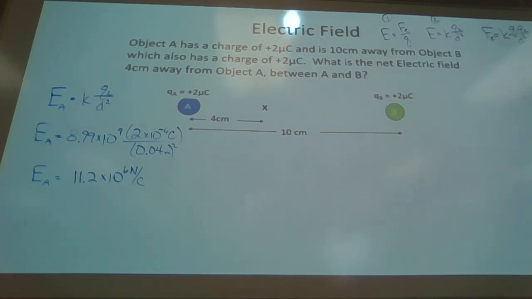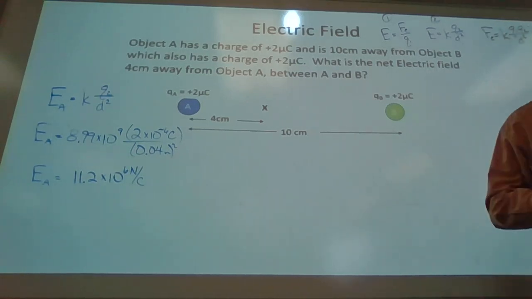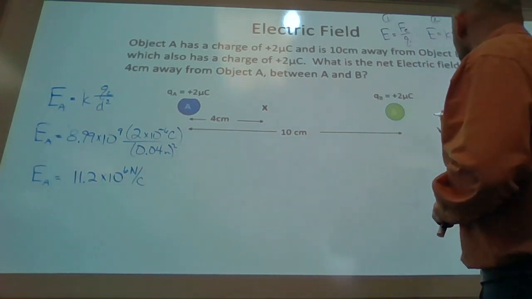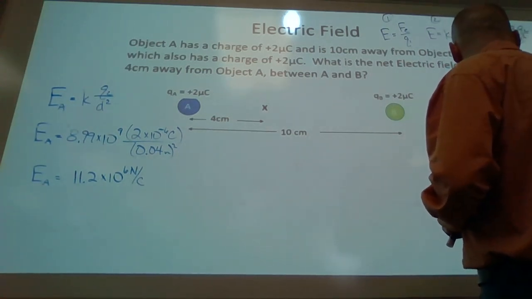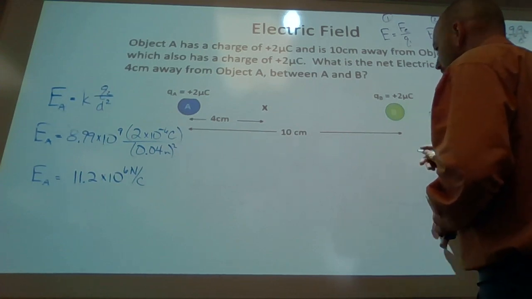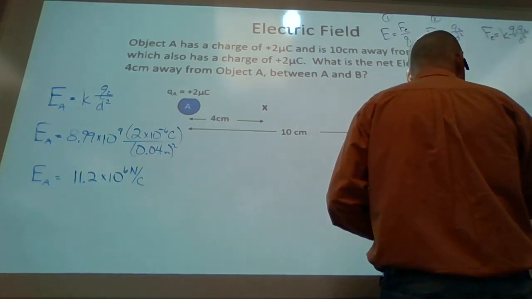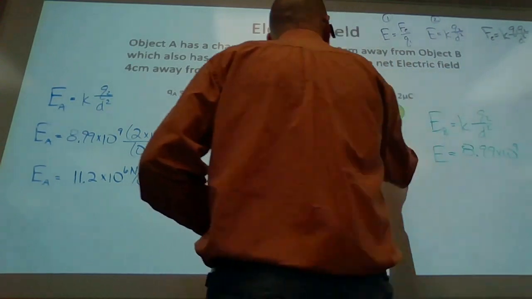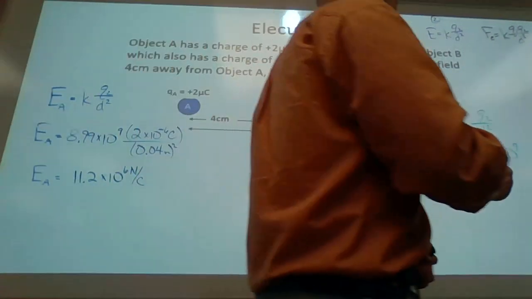Okay. Now, B is also creating an electric field at point X. So I'm going to use that same equation for this location here. Now, my distance is this distance there, so 6 centimeters.